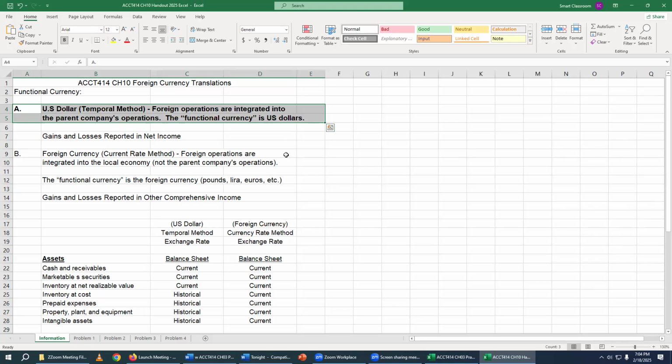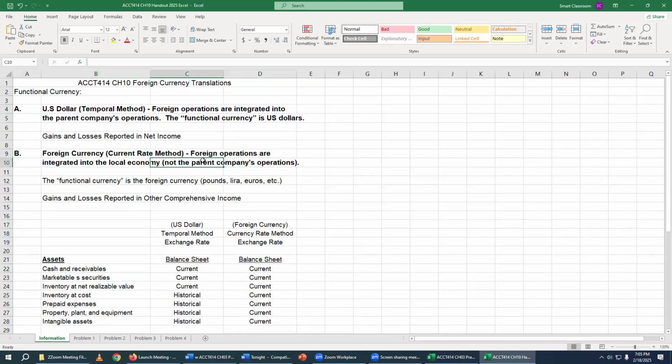Usually this comes about when the subsidiary itself translates everything into US dollars as soon as possible. The one down below is when we leave it in the foreign currency; we don't take it into our own account. We don't translate it into US dollars. So the first one is when we take them and translate them into US dollars immediately. Actually, the currency gets exchanged into US dollars.